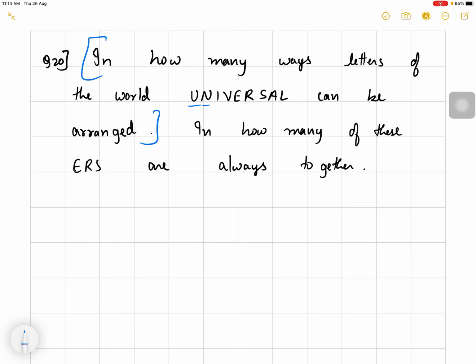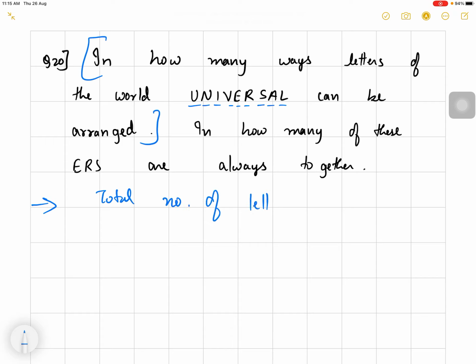There are 9 letters, 1, 2, 3, 4, 5, 6, 7, 8, 9. None of the letters is repeated. When letters are repeated, I will let you know how to solve. Here there are 9 letters and 9 places. So the total number of letters is 9, and the arrangement of these letters is also 9. So let's start.